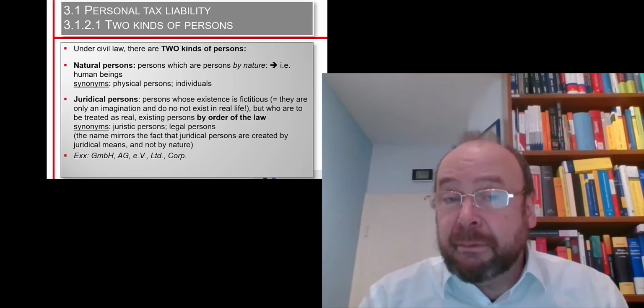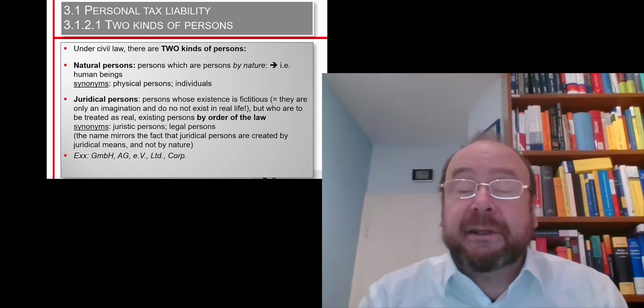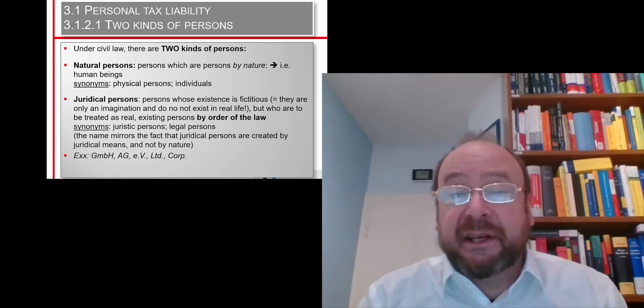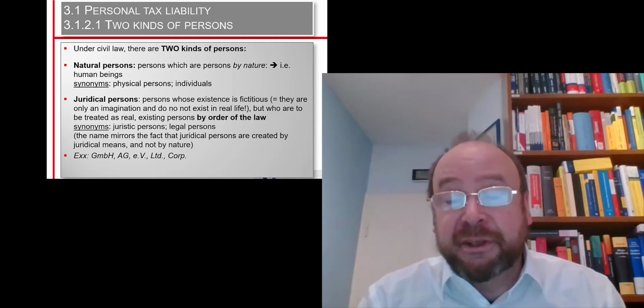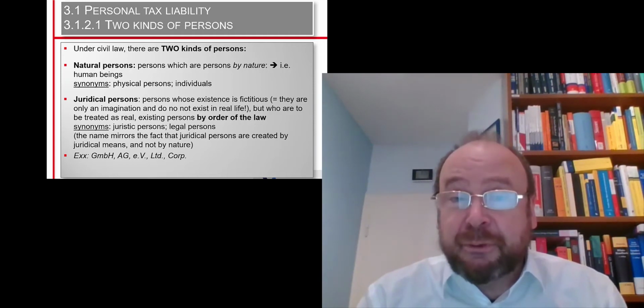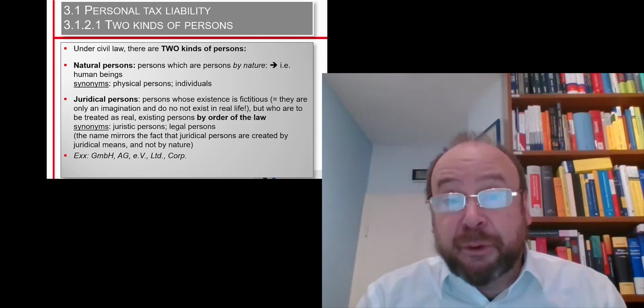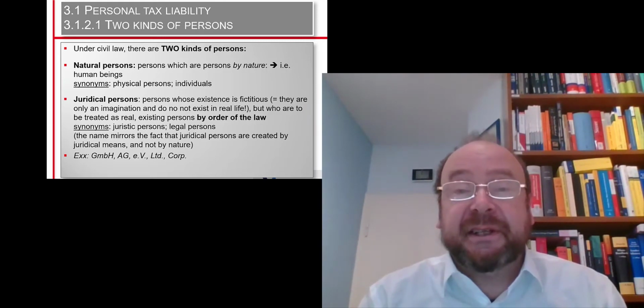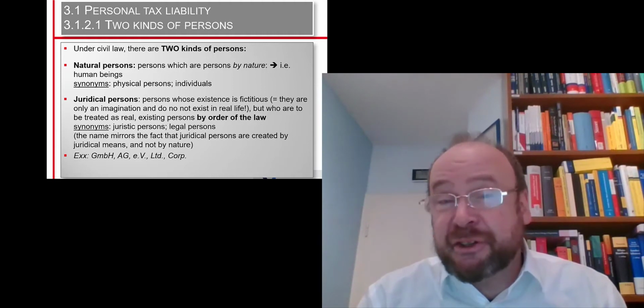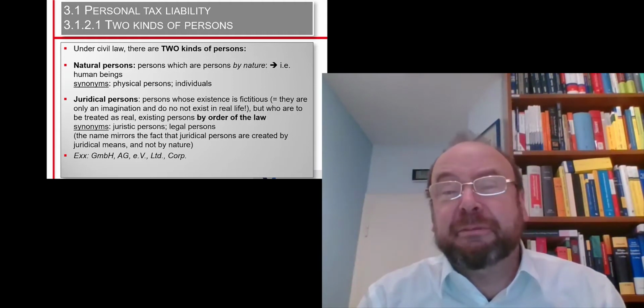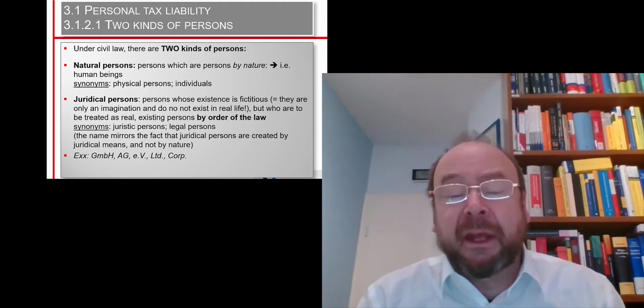Same with an EV, so that's a private association for non-economic motives. A chess club could be an EV. A football club is often organized as an EV, which a bit ignores that football is big business in the meantime.